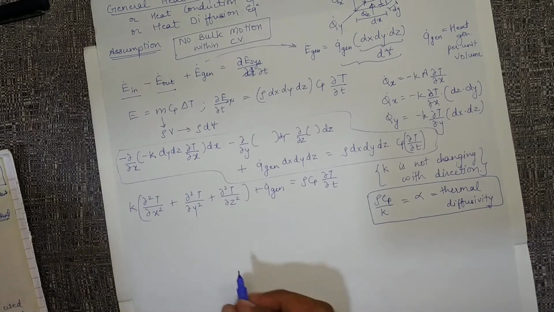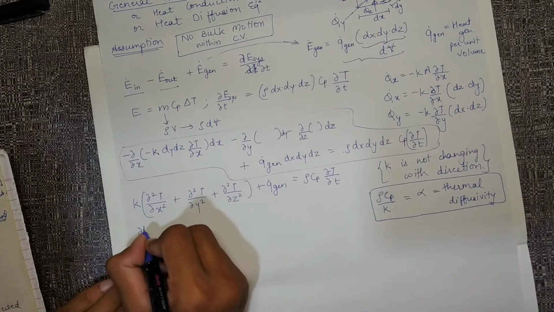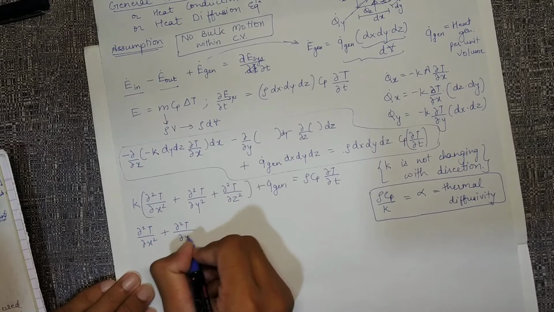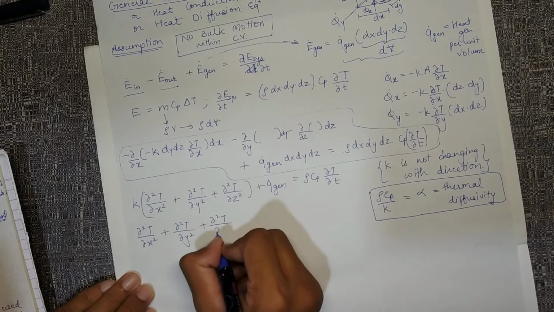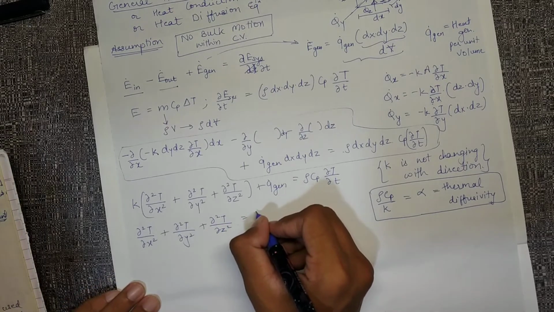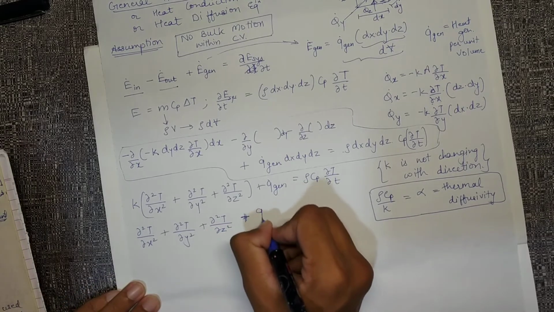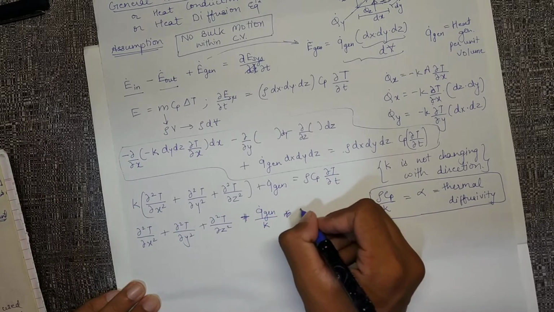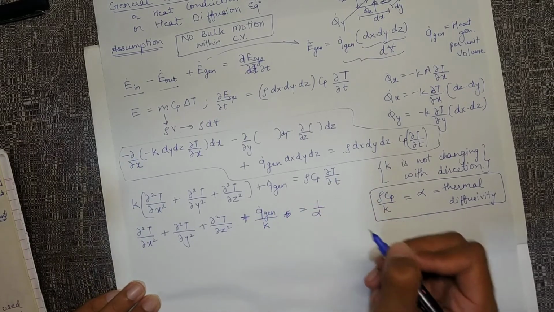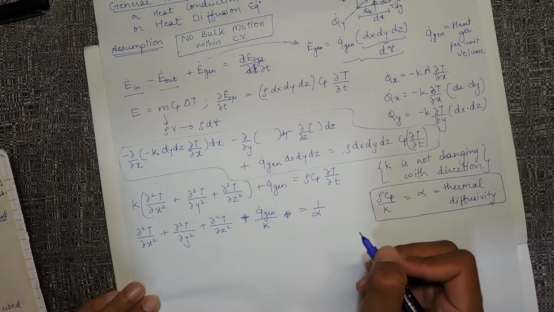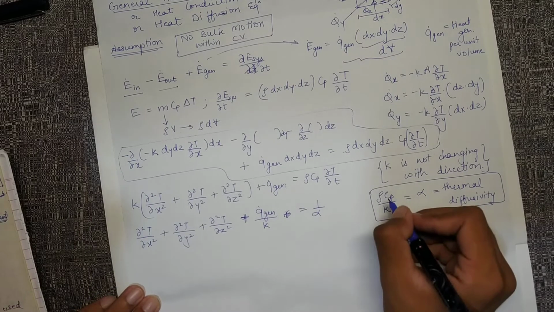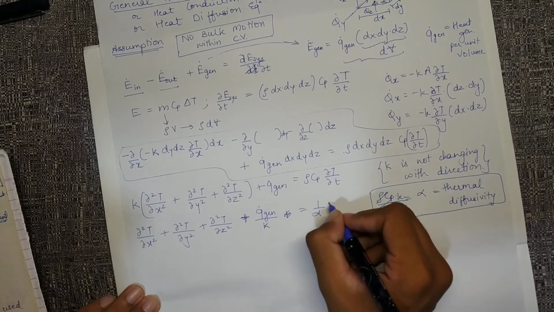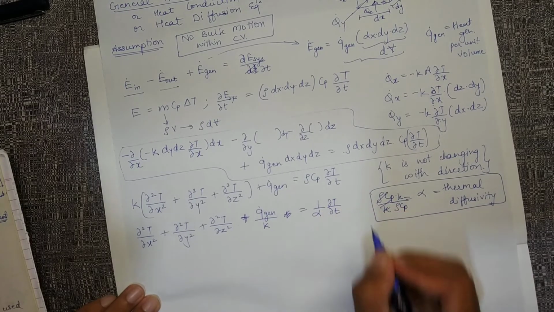Remember this. So now my final equation will be del square T upon del x square plus del square T upon del y square plus del square T upon del z square plus q dot gen by k is equal to 1 by alpha del T by del t.